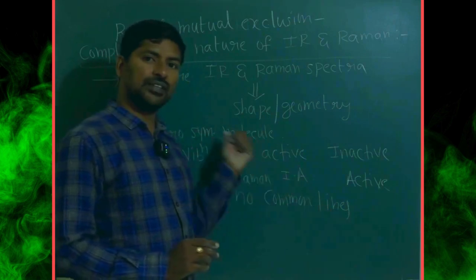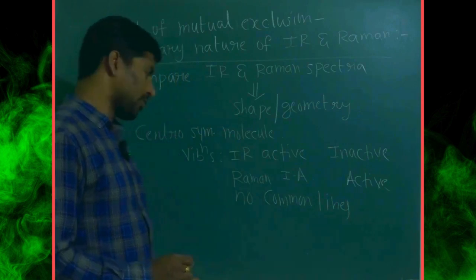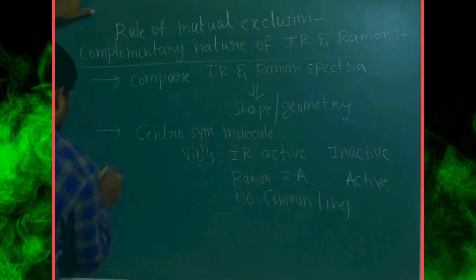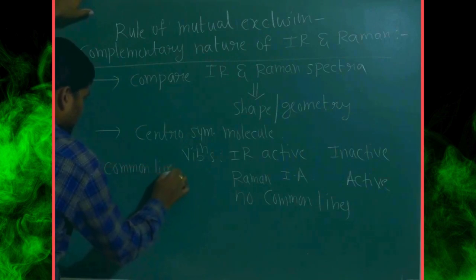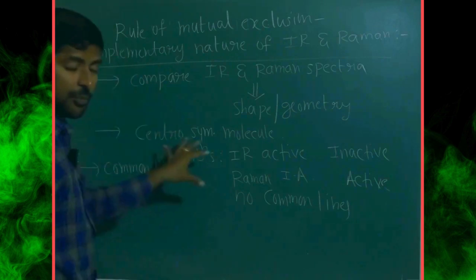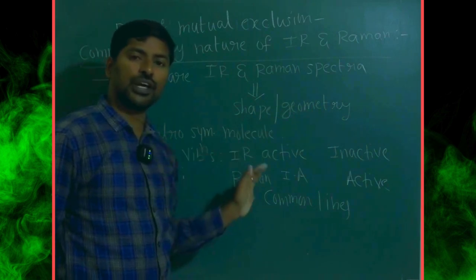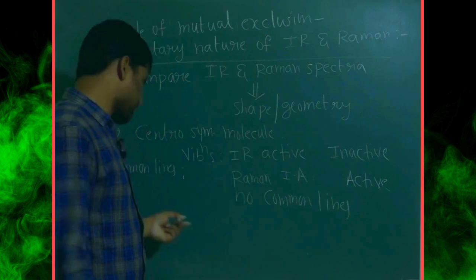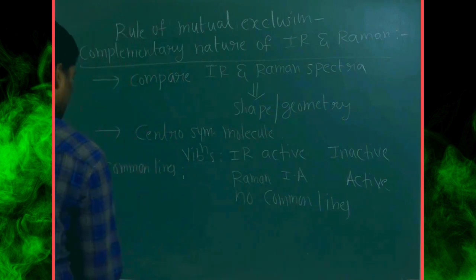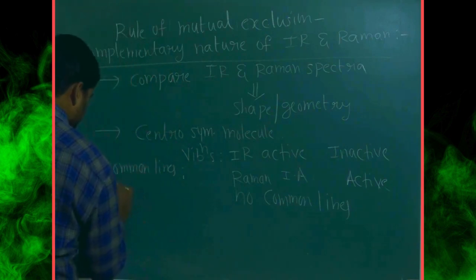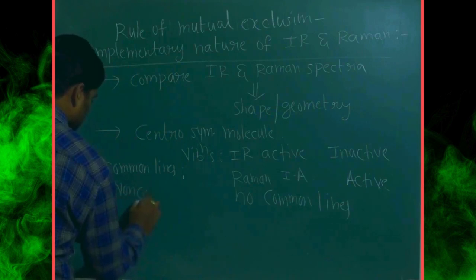If no common lines, that is a centrosymmetric molecule. If some of the vibrations are both IR active and Raman active, or both IR inactive and Raman inactive, so that common lines are present, then such a molecule is non-centrosymmetric.